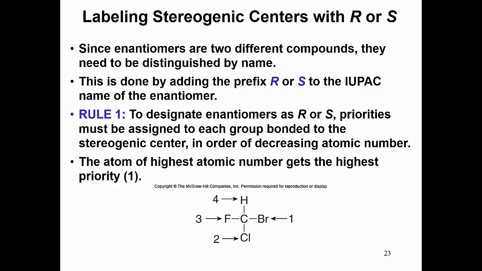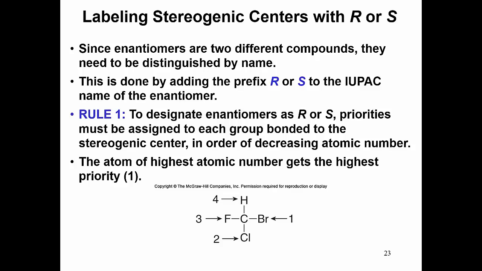To determine if we have the R enantiomer or the S enantiomer, what we have to do is look at the substituents that are bound to the stereogenic carbon. Very simply, if you have four different atoms bound to the central carbon, as shown in this bottom example, you give priority to the highest atomic number atom, which of course is bromine, then chlorine 2, fluorine 3, and hydrogen 4.